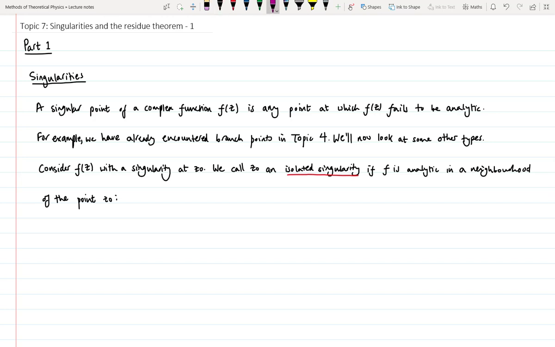Okay, so let's draw a picture. In the complex plane, I'm not going to bother drawing the axes, but we might have the point z0, at which our function f(z) is singular. Now I'm going to depict a neighborhood around this point as a disk.